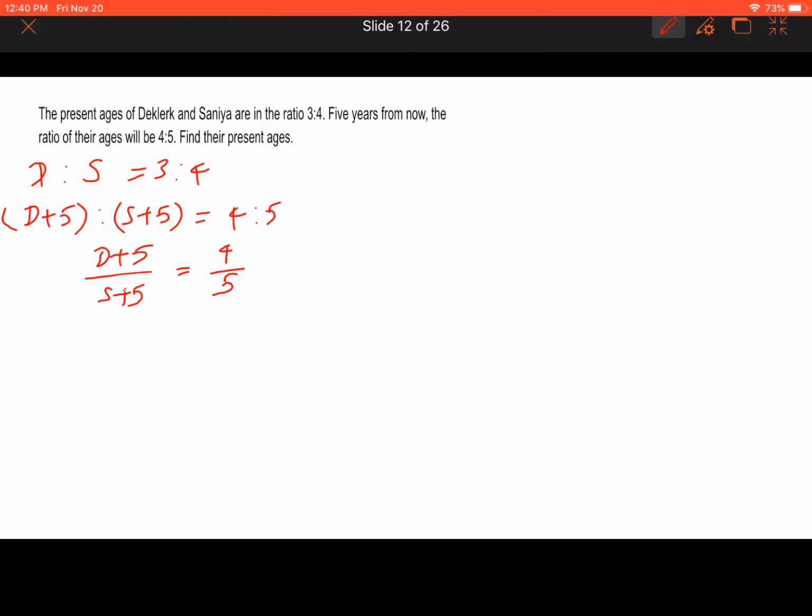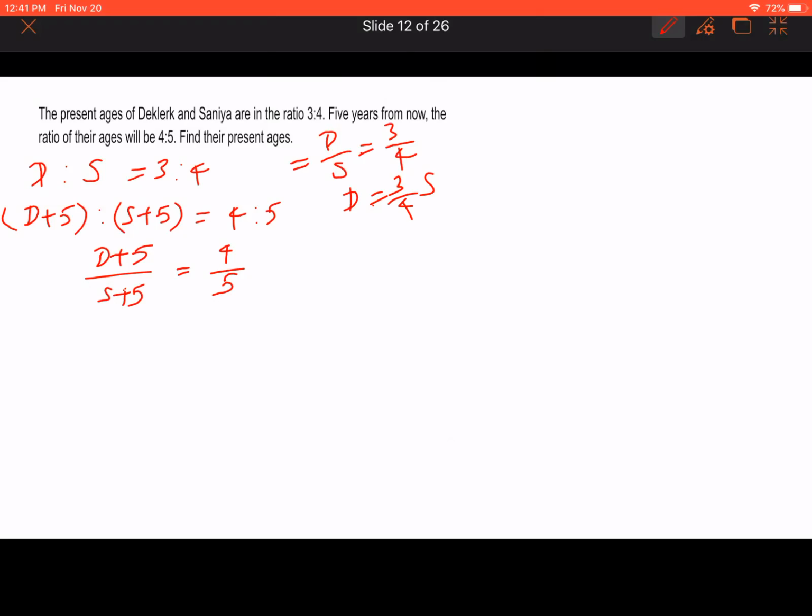And this equation also I have to carry out, right? d by s, which is equal to 3 by 4. So d is equal to 3 by 4 times s.